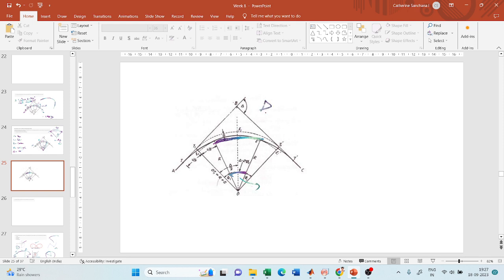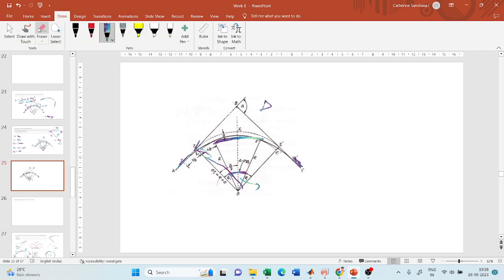This angle is not delta, because delta starts from this tangent to this tangent, the angle of deviation between this tangent and this tangent. This tangent starts from here and ends here.